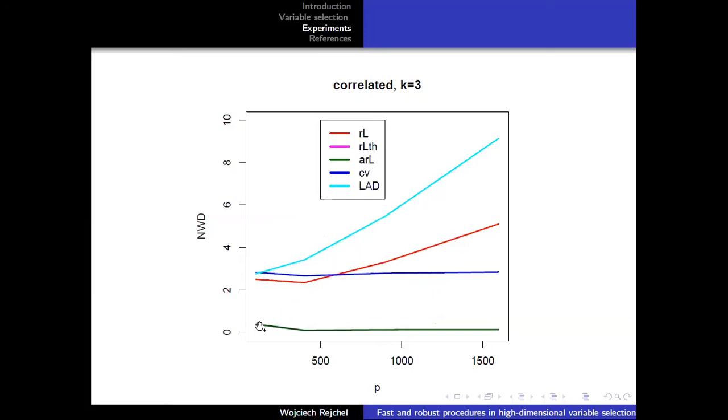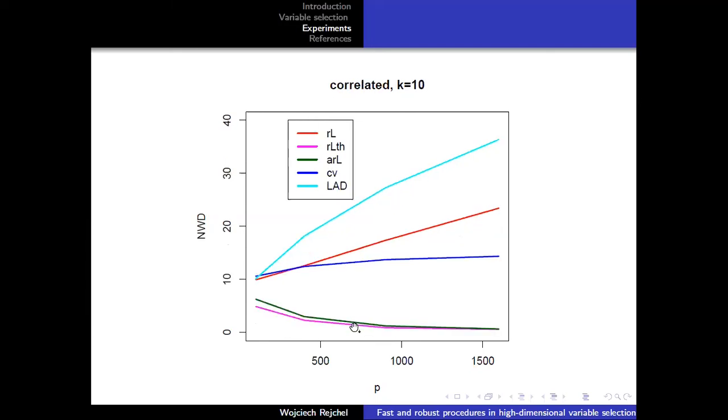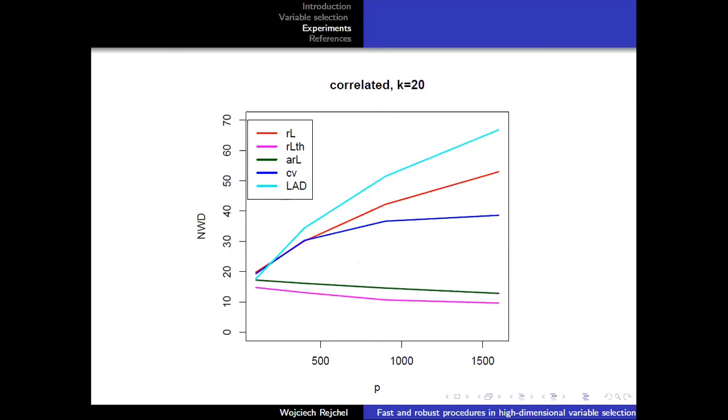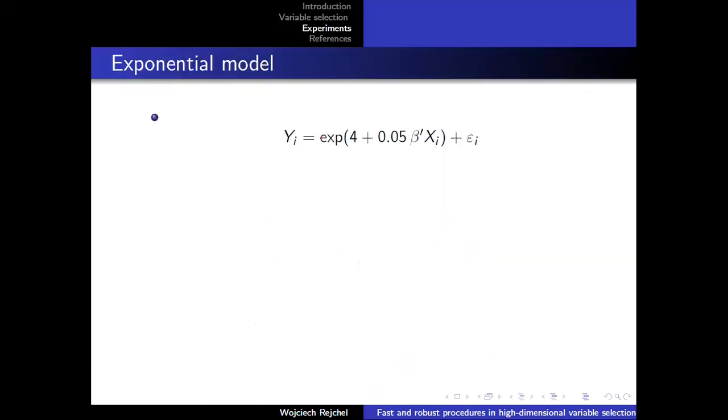But at the same time, modifications of rank Lasso work very well. If you have more relevant predictors, then you can see very similar pictures.